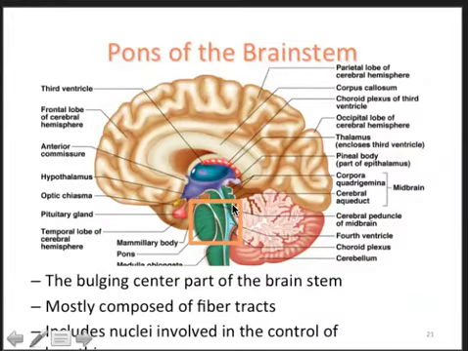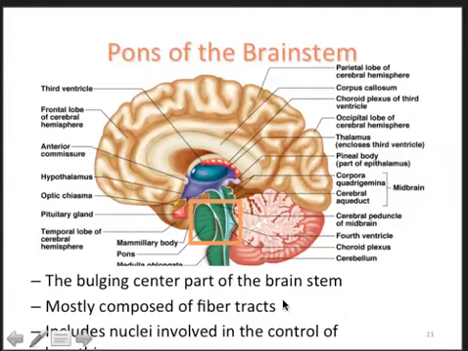Now, the pons is part of the brainstem. It's the bulging central portion that's composed of fiber tracts and includes nuclei that are involved in the control of your respiratory rate.